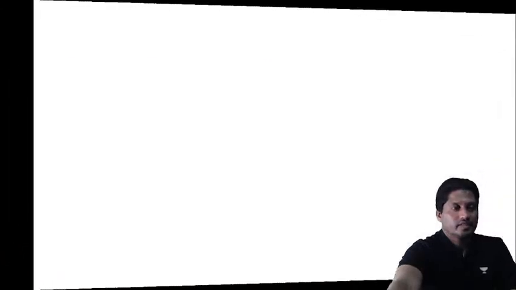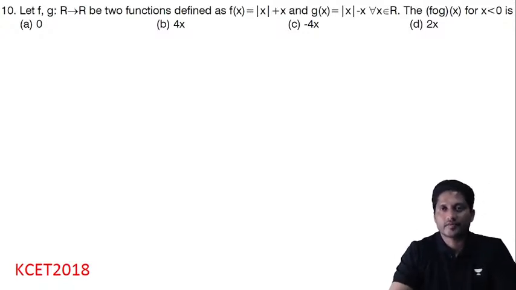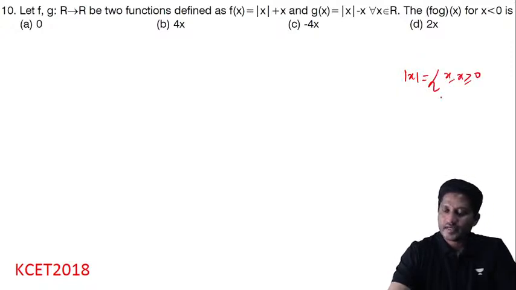Let's move to the next question. f and g are functions from R to R. f of x is equal to mod x plus x, g of x is equal to mod x minus x. See, we know that mod x is x when x is positive, and when x is negative, mod x is minus x.